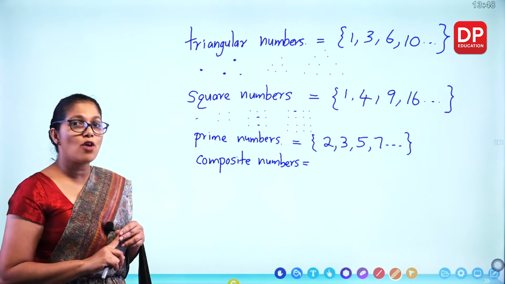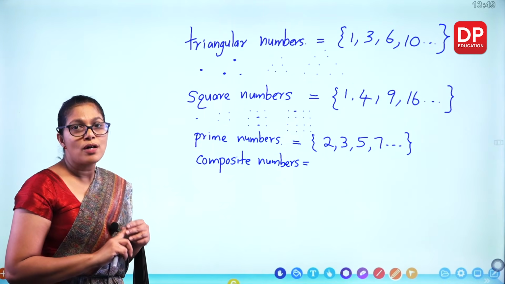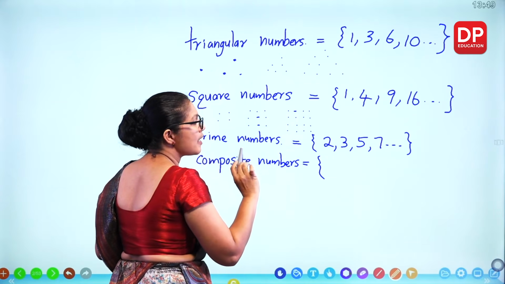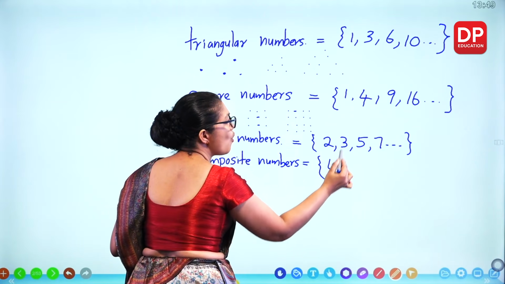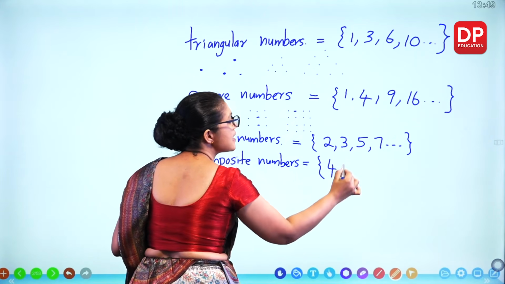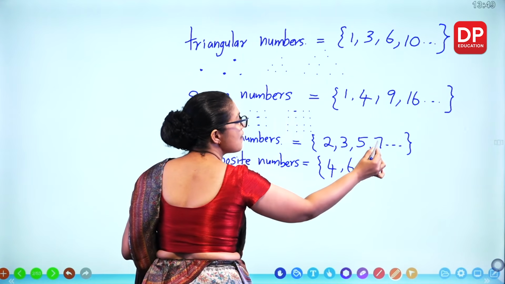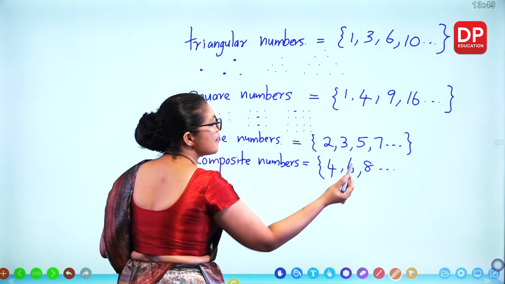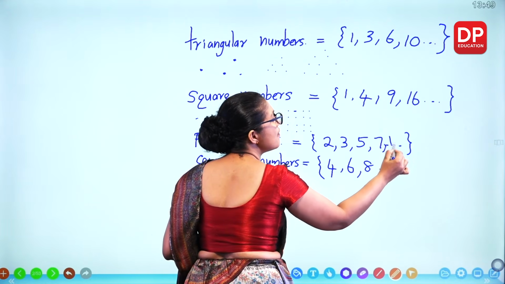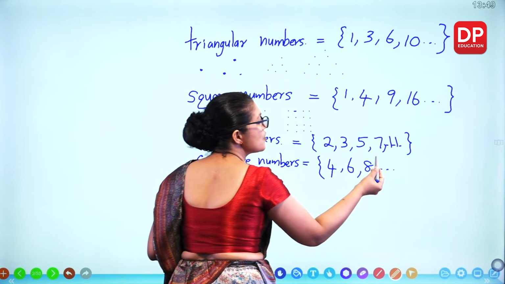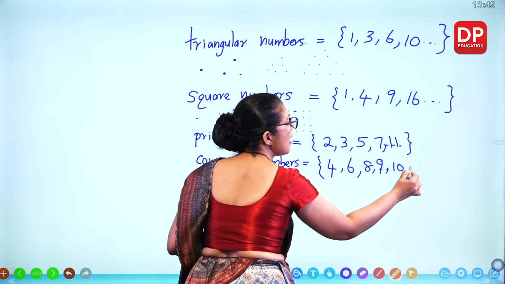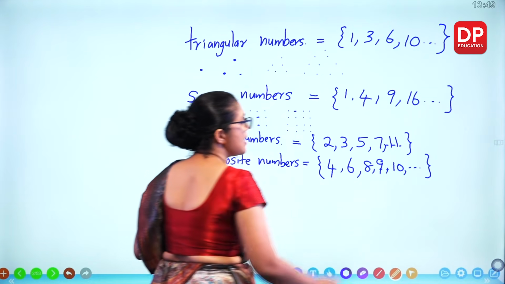So 1 is neither prime nor composite. So remember that. We can start with 4. 5 is prime, 6 is composite. 7, 8 like that, and the next prime is 11. So 8, 9, 10 are all composite numbers.